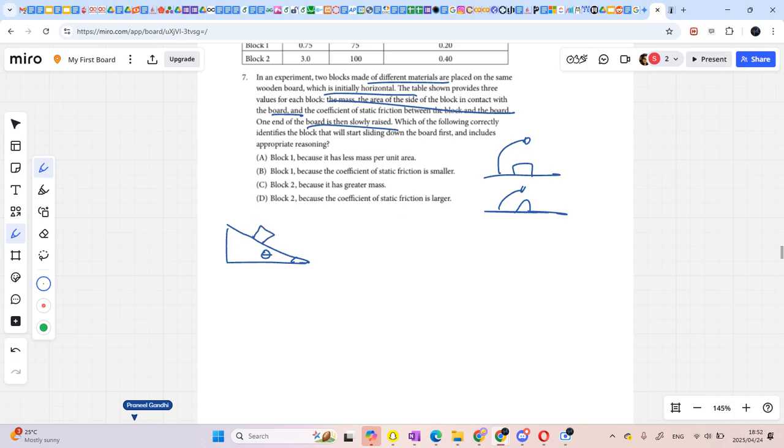At any given moment in time for the incline, we're going to draw a free body diagram. We're always going to have, let's call the mass of the block M, and then g. That's going to be our incline. We're also going to have the force of static friction. Force of static friction is going to counteract the component of gravity along the incline.